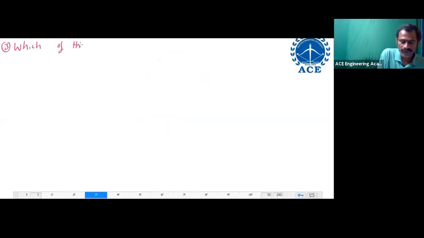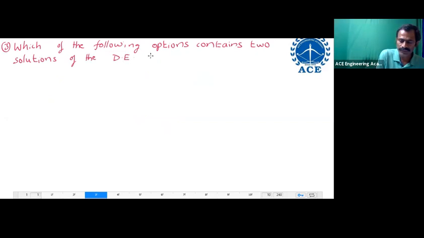Which of the following options contains two solutions of the differential equation dy by dx equal to (y minus 1) into x?